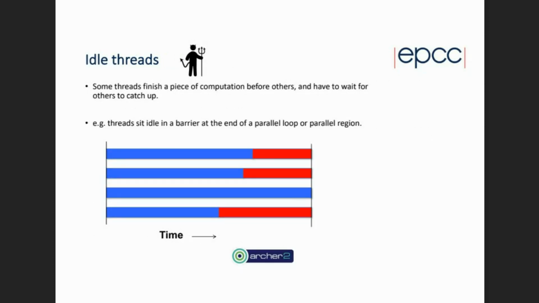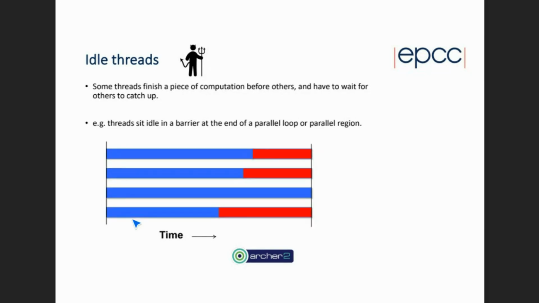The second one is idle threads. This is the situation where some threads finish a piece of computation before others, and have to wait for others to catch up. In OpenMP, the most common situation is we end up with threads sitting idle in a barrier at the end of a parallel loop or a parallel region. This is supposed to be a generic activity timeline.